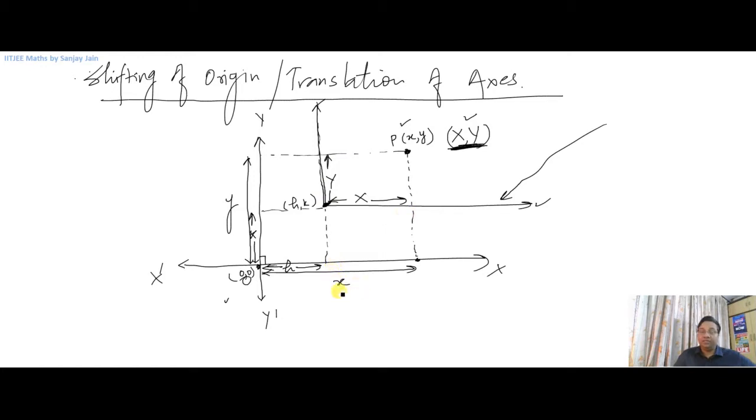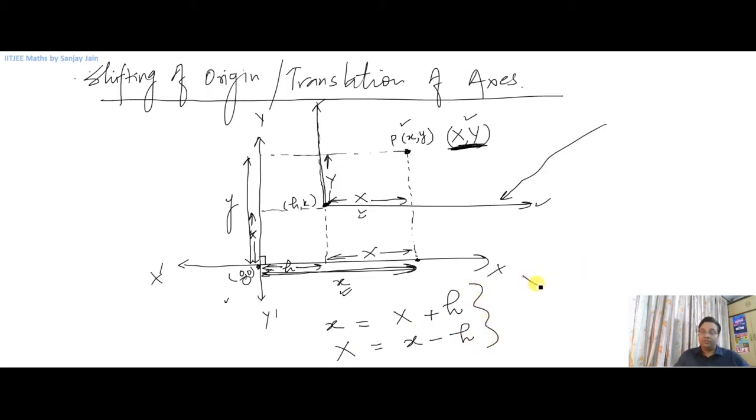Now if you see the relation between old coordinates and new coordinates, you will find that if this is small x and this is h and this length is capital X, then the old x coordinate is equal to the new x coordinate plus h, right? So the new x coordinate is equal to the old x coordinate minus h, right? This is about shifting of origin.